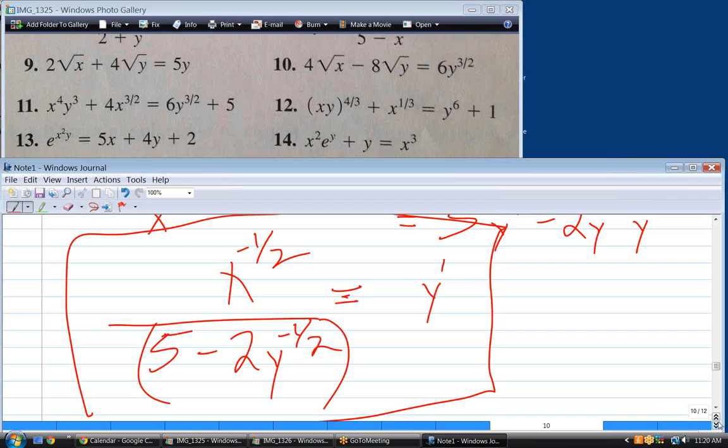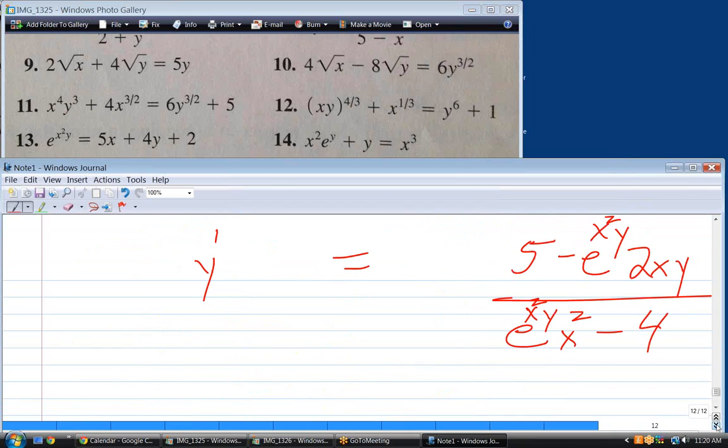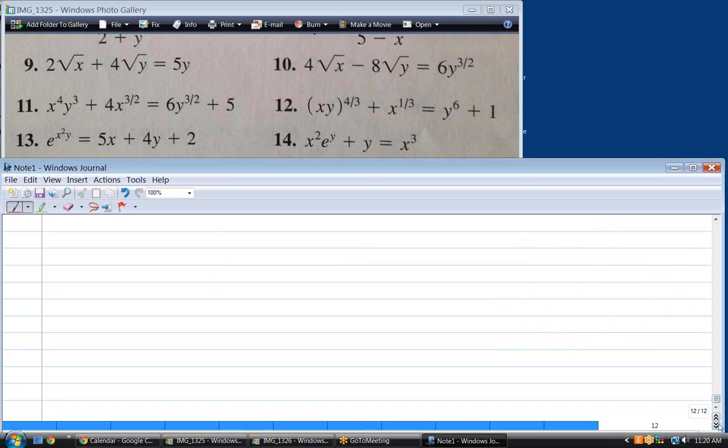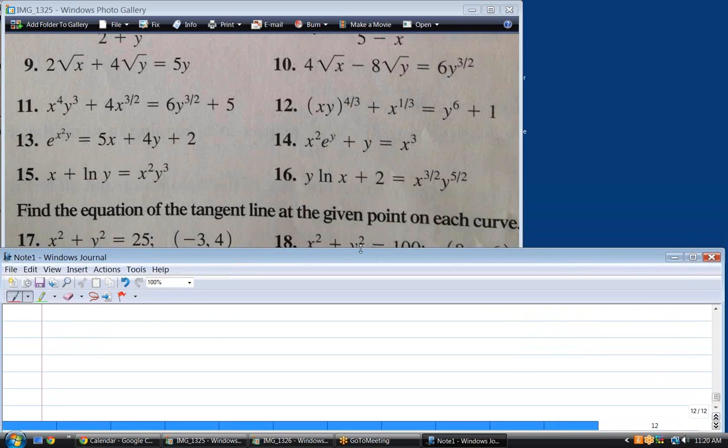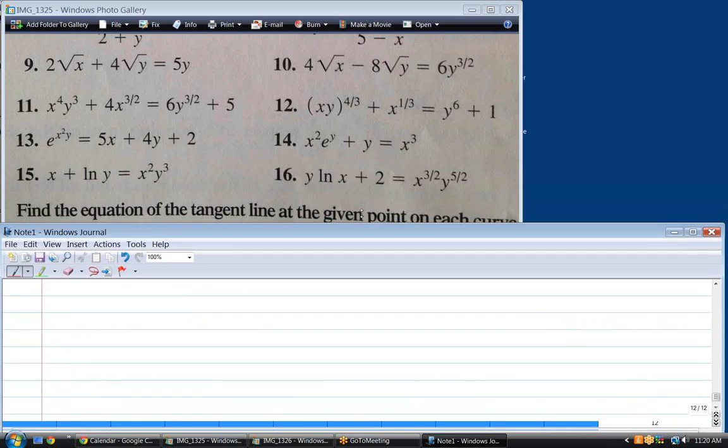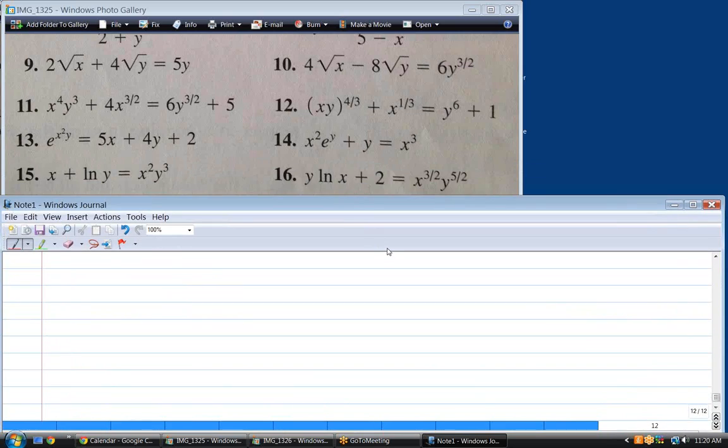All right, let's see. We got about 10 minutes. Should we do a log one? Yeah, that sounds good. Let's do 15. Implicitly differentiate that.